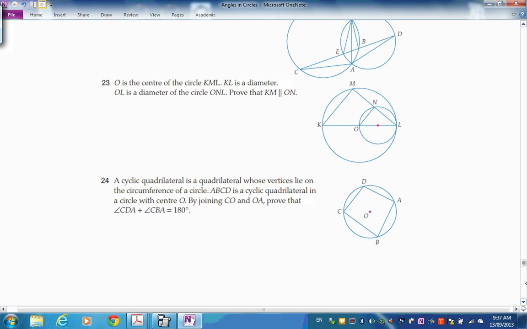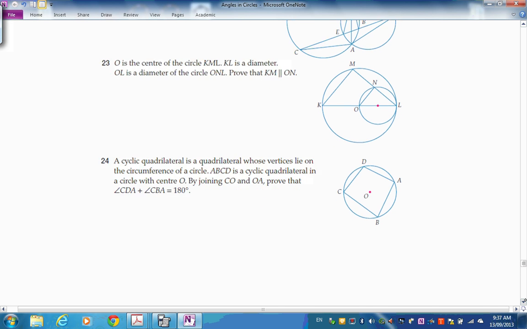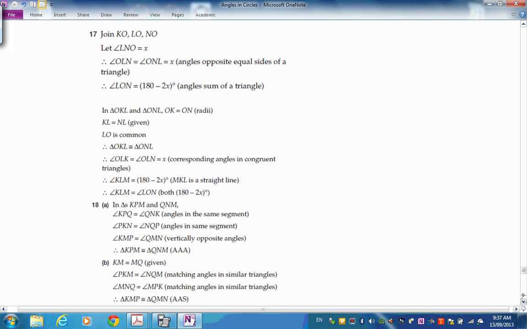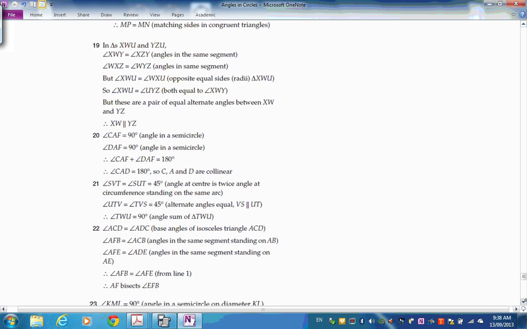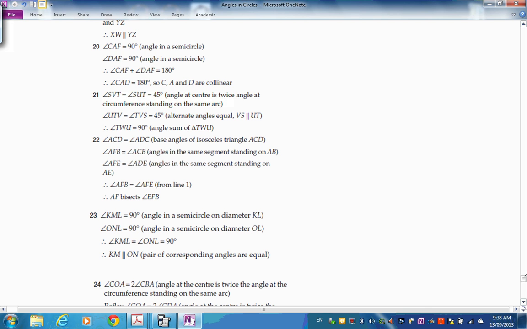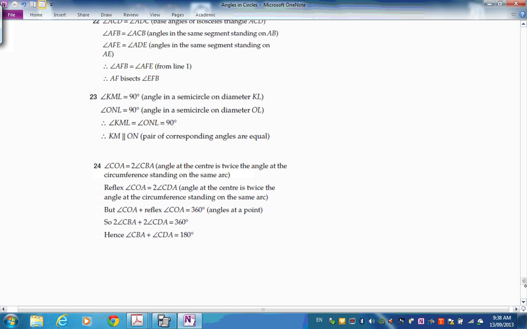I thought there was only about 20 of those. Okay, here are some answers. 17, bit of 18. Let's go rest of 18. 19. 20, 21, 22, 23 as well there. And there's 24.